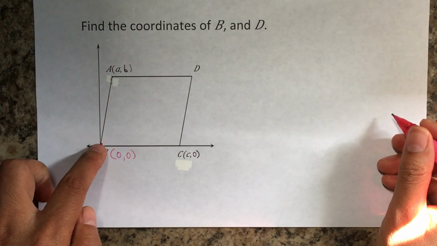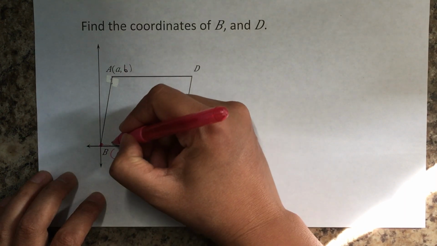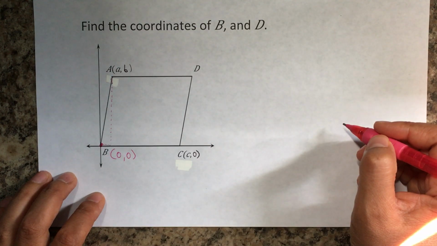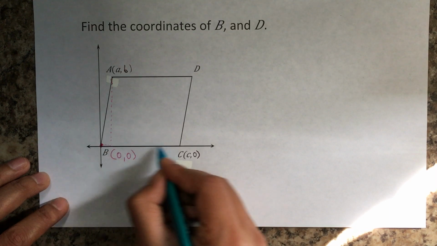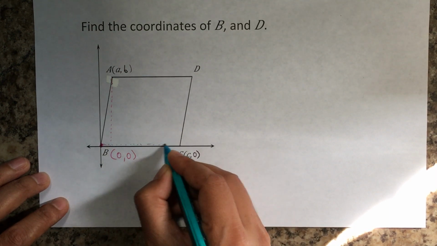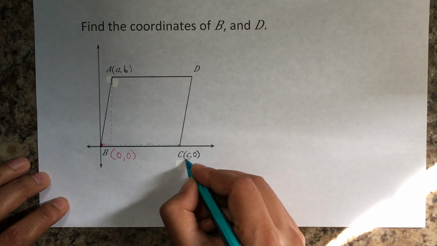We know that to get here, this is A, and then this much is B. And then from here to here, we know that this distance is C. Okay, so this is C.